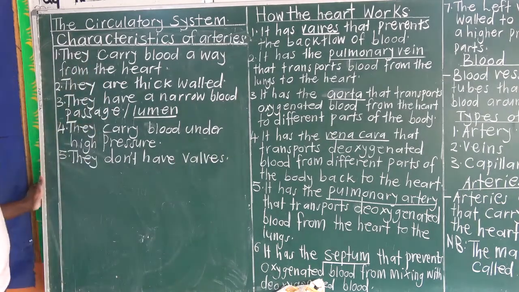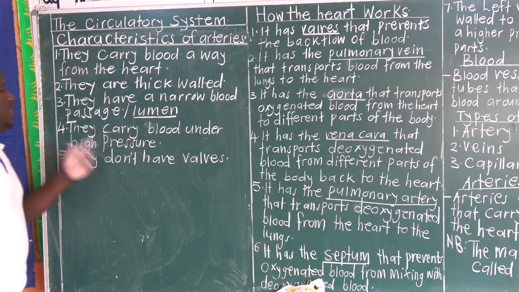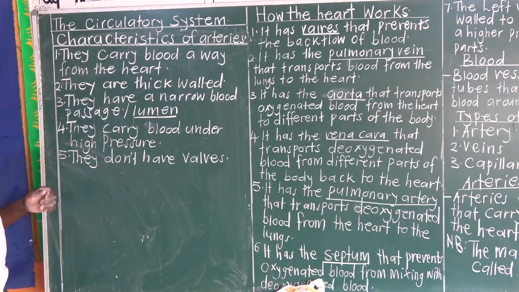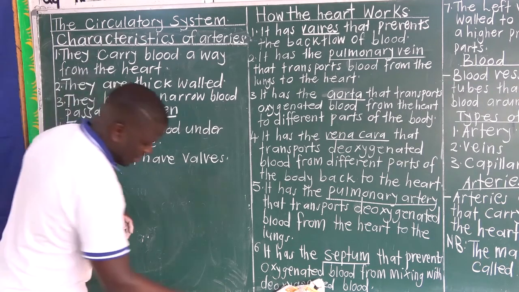Now, these are the five characteristics of arteries. They carry blood away from the heart. They are thick-walled. They have a narrow blood passage or lumen, they carry blood under high pressure, then they don't have valves.